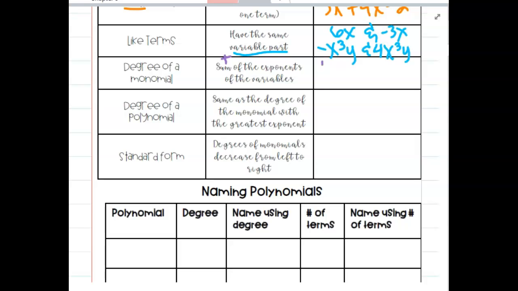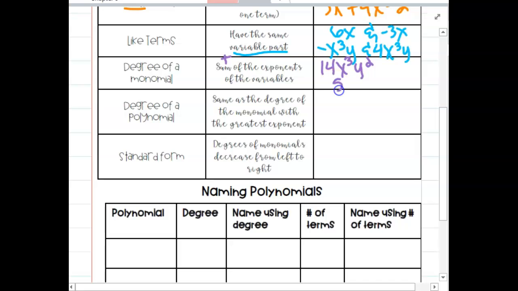If I had 14x cubed y squared and wanted to find the degree of that monomial, I would add the exponents of the variables. In this case, I would take 3 plus 2. This would be a fifth degree.